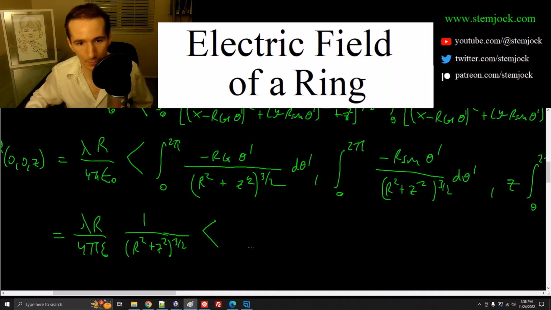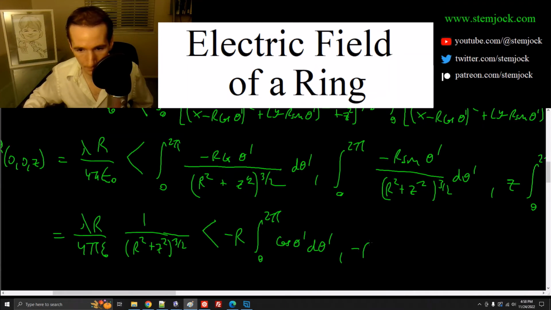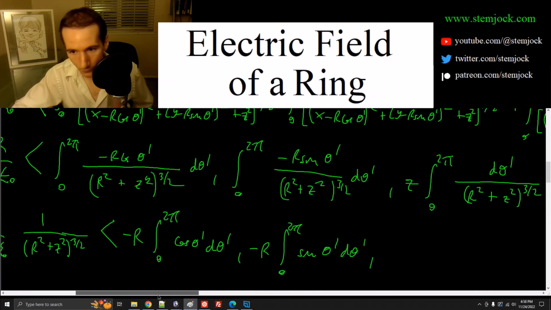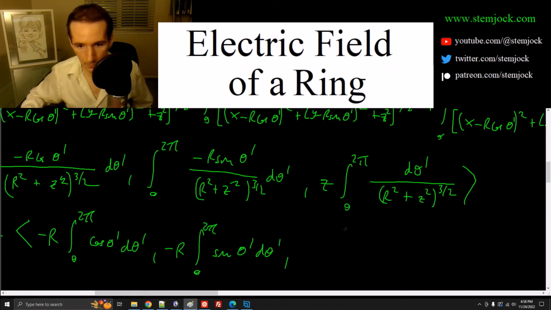And now inside the vector, I can pull the negative r out in front. So this is negative r times the integral from 0 to 2 pi of cos theta prime d theta prime. The second component is going to be similar, but with sine. So this is sine theta prime d theta prime. And now the third component is just z times the integral from 0 to 2 pi of d theta prime.